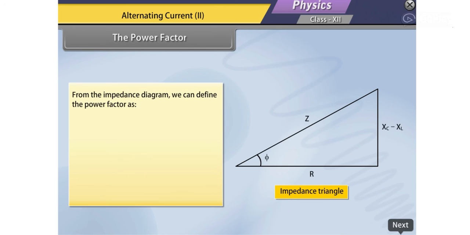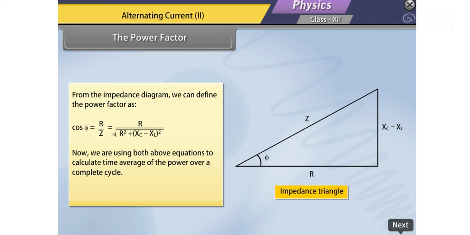From the impedance diagram, we can define the power factor as cos phi equal to R upon Z, which is equal to R upon under root R square plus (XC minus XL) square. Now, using both above equations to calculate the time average of the power over the complete cycle, P bar is equal to the product of Irms square and R.